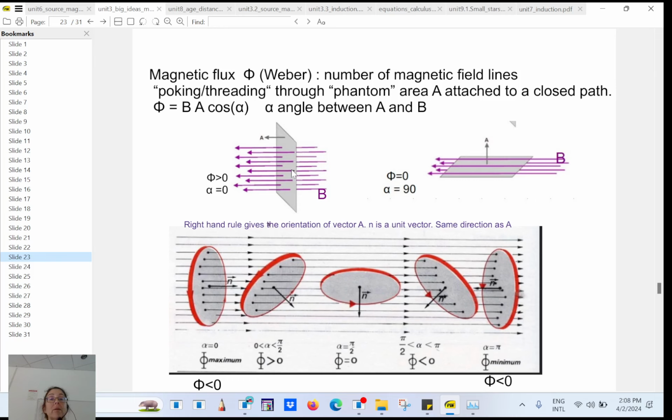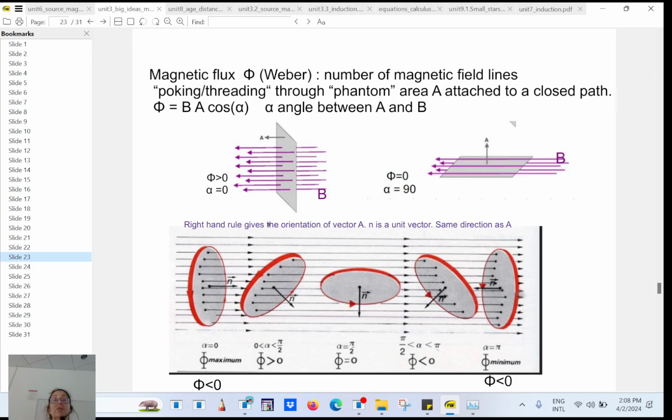Okay, so you can think of the magnetic flux as the number of field lines poking through an area A. So you make your own area like this one. That will be the area A. It's like an imaginary area, and you can see that you have field lines poking through. So imagine it's like water flowing through this area.